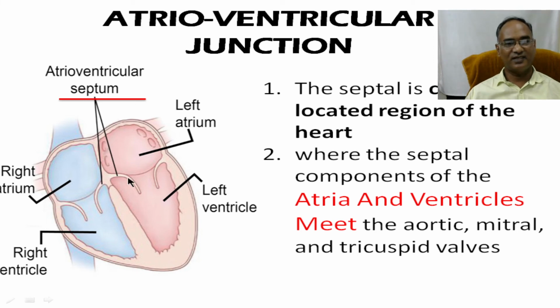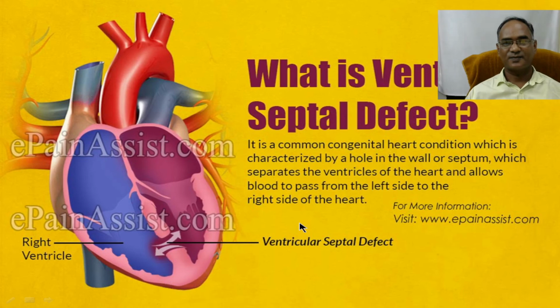This septum is very essential because the bicuspid (mitral), tricuspid, and pulmonary valves are present within the atrioventricular septum. So this septum is very important when you talk about heart function. With this, the coverings and septum are over.